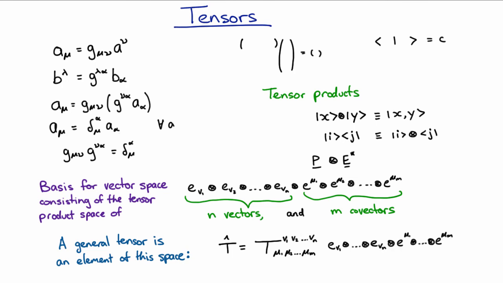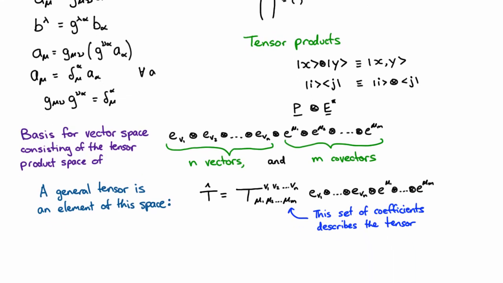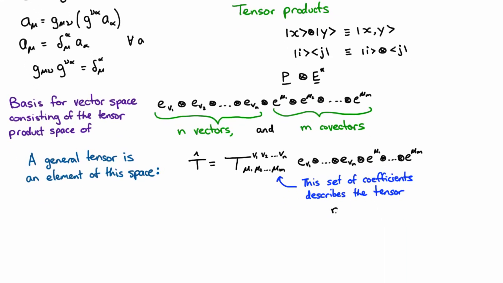So you can see that we've got all our vector indices described at the top and our covector indices described in the bottom as usual, which is why the vectors had the index down and the covectors had the index up, so that our coefficients obey our normal rules. And so this set of coefficients essentially describes our tensor in exactly the same way as, for example, a position vector in 3 space.